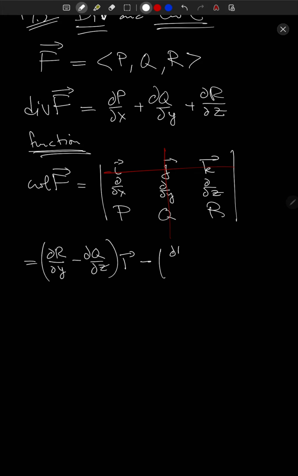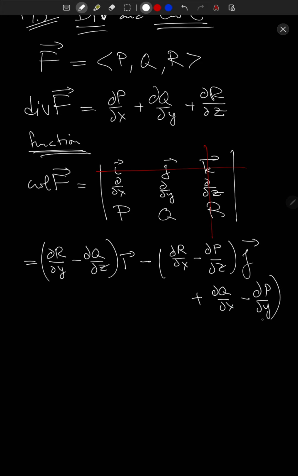So this is dR/dx minus dP/dz, j, and then the k component is going to be dQ/dx minus dP/dy.